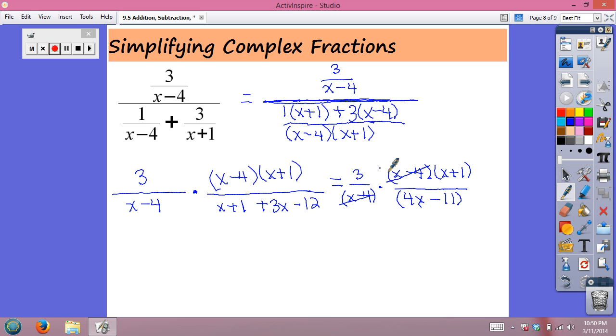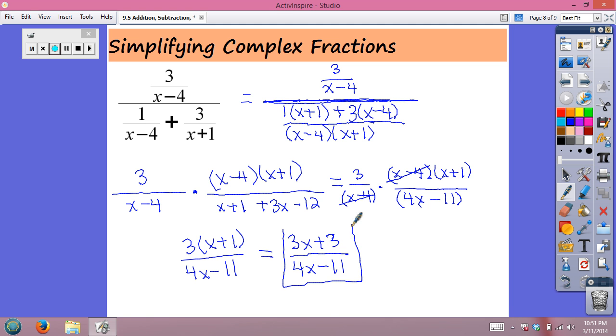And we'll simply be left with, since we know we can't cancel anything else out, 3 times (x plus 1) over 4x minus 11. And again, we want to get this in simplest form, so we must distribute this 3 to give us 3x plus 3 all over 4x minus 11. And that will be our final answer in simplest form.